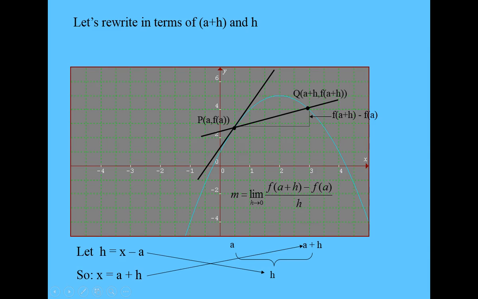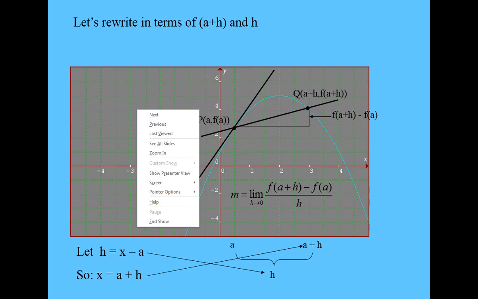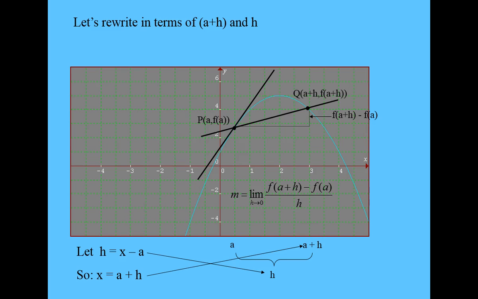This is the same as what we were looking at earlier. This finds the slope of the tangent line at a. Notice, however, that this says h is going to 0.